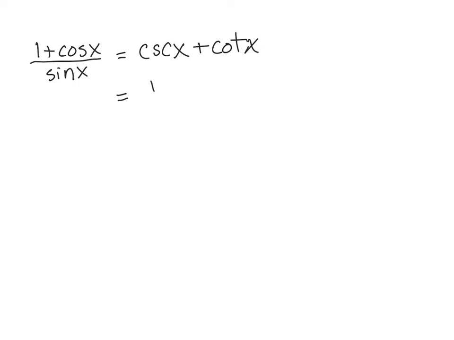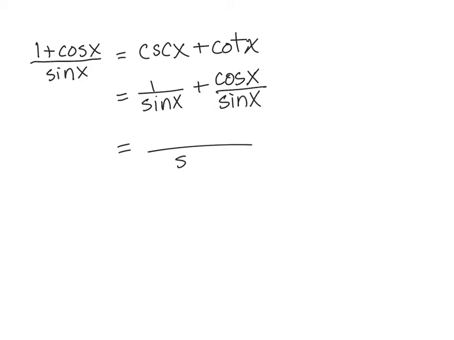But for now, cosecant is 1 over sine. Cotangent is cosine on the top, sine on the bottom. I have a common denominator. And where I feared that this would be difficult, it turned out to not be difficult at all.